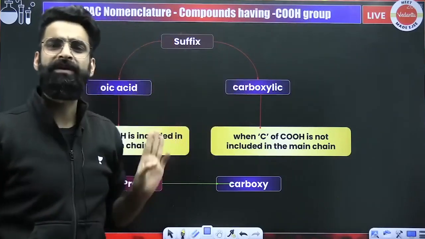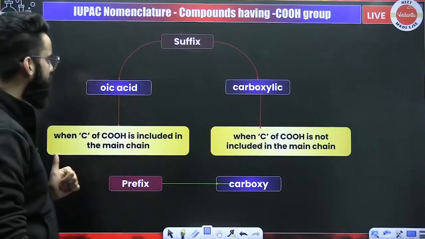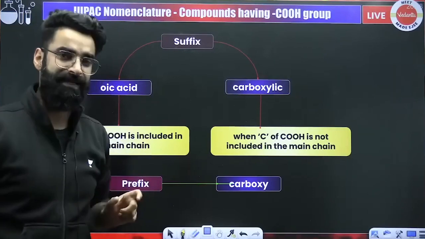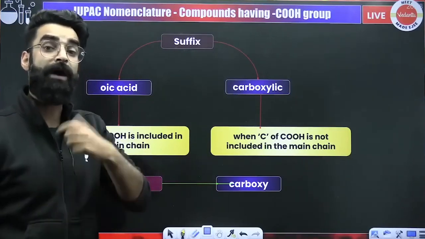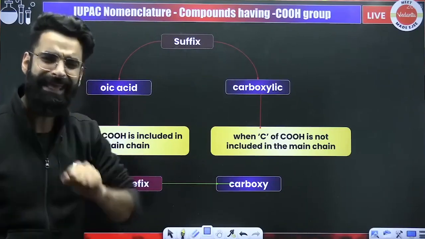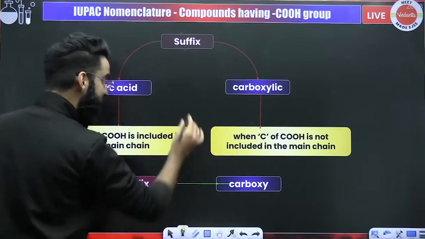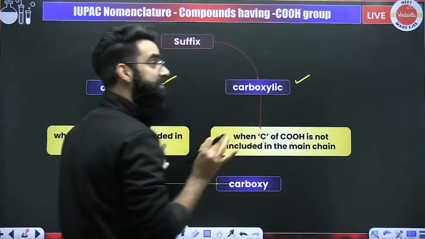Now, 3 things you have to remember. As a suffix, when we have to use carboxylic acid as a suffix, either you'll be using the term oic acid, or you'll be using the term carboxylic acid.